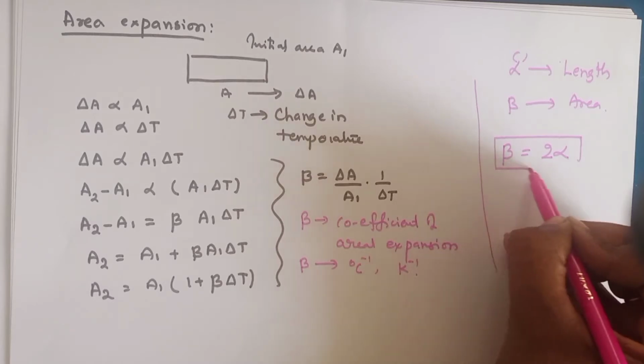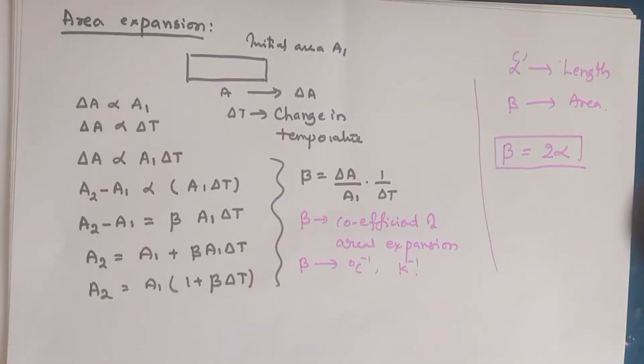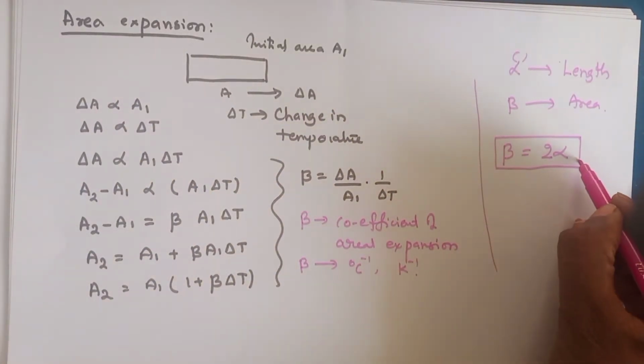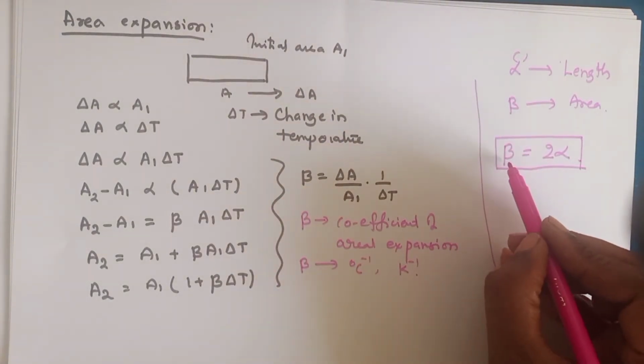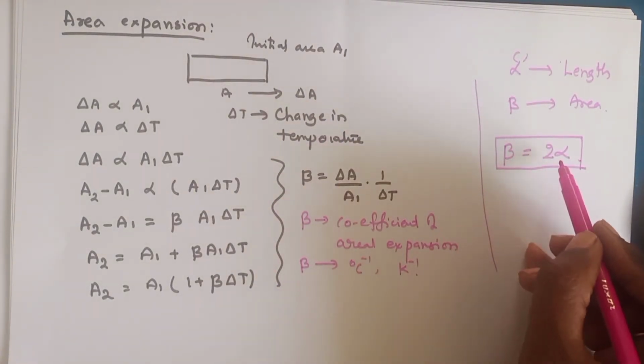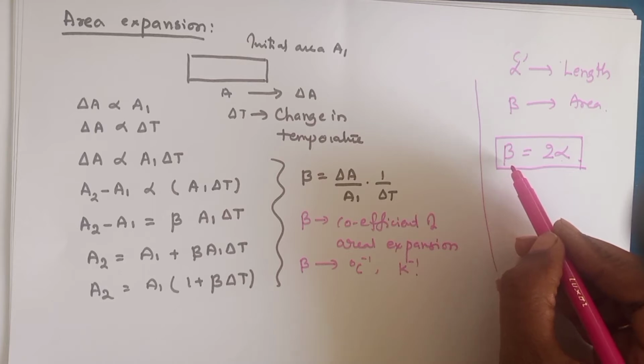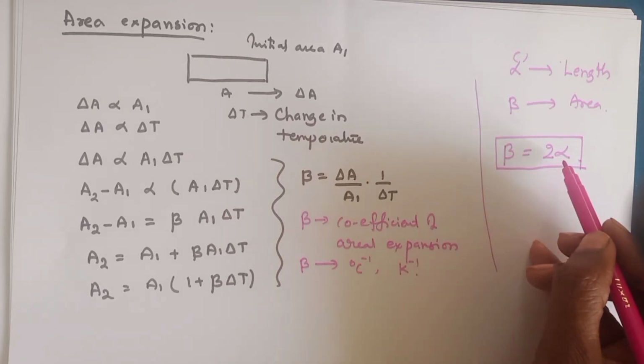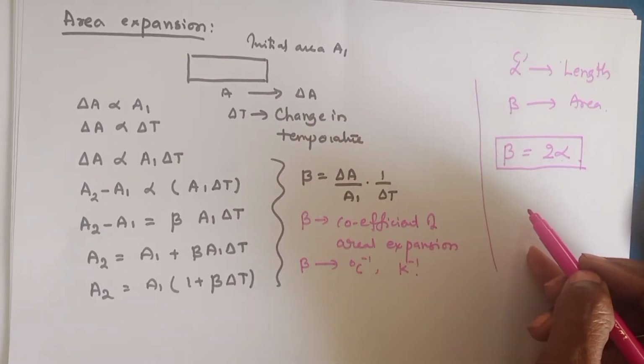Of course, we will prove it using mathematical tools. Beta is 2 times alpha. The coefficient of areal expansion is equal to 2 times the coefficient of linear expansion.